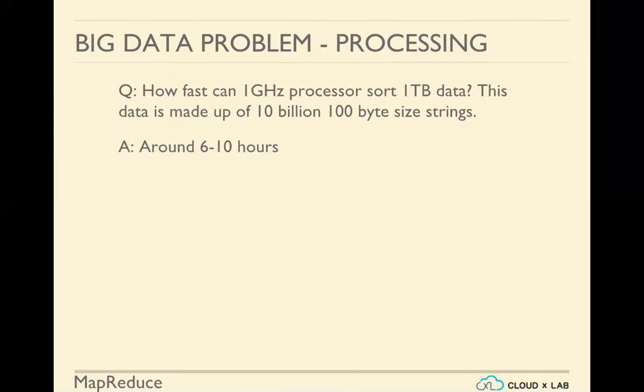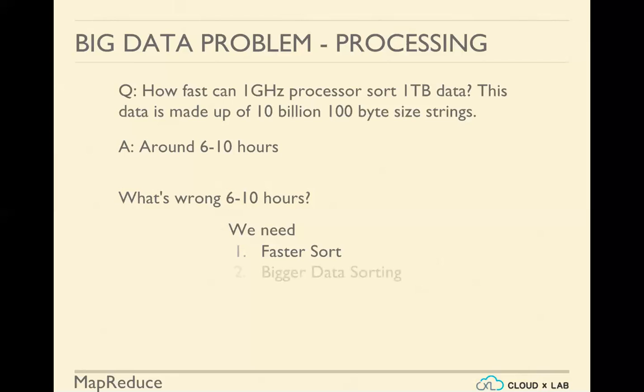All right. Now, what is wrong with 6 to 10 hours for sorting data? One, we need faster sorting. Let's say we need to get the work done in a faster time. Often we need to get our work done in less than 10 hours. And sometimes we may need to sort bigger data, and we might have to do it more often.